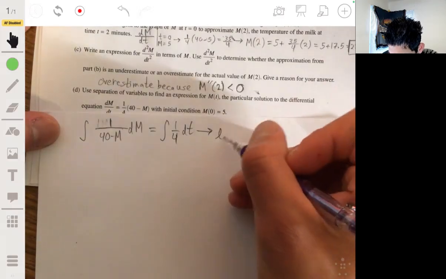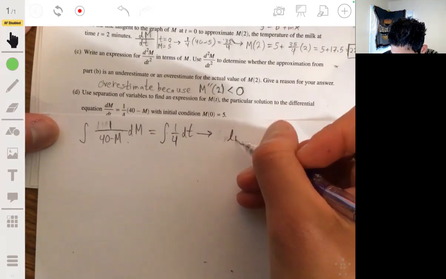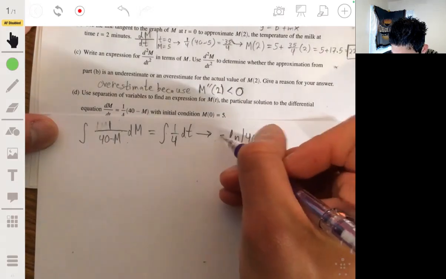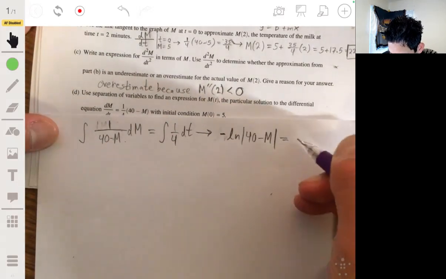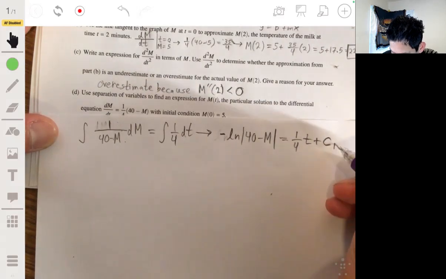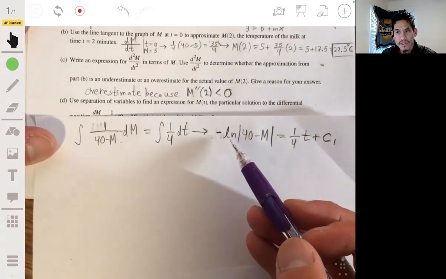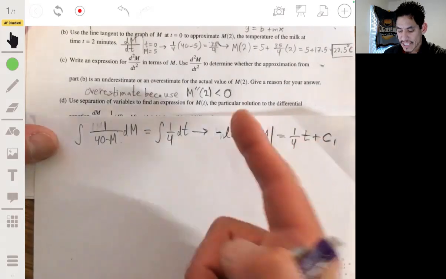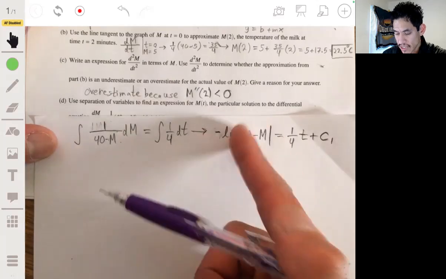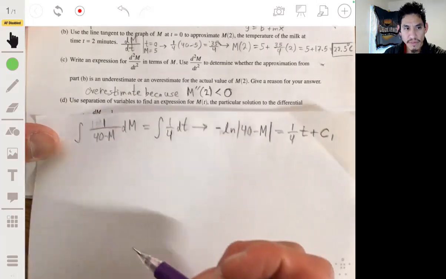Integrating this, we get the natural log of the absolute value of 40 minus m, except since we have a negative m here, make the log negative. The right side is simply 1/4 t plus some constant, which I'll call c1. If you're uncertain whether your natural log should be positive or negative, just take the derivative of this, and you'll get a negative 1 times 1 over (40 minus m), so the negatives cancel, and you can be confident that's correct.